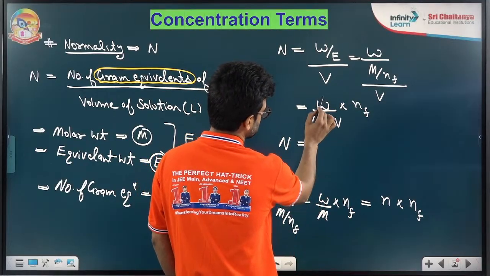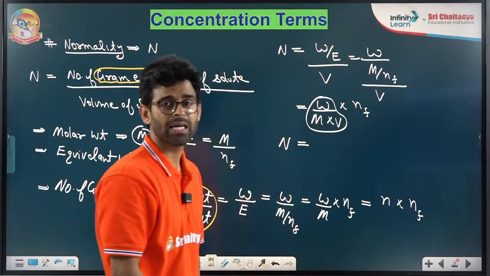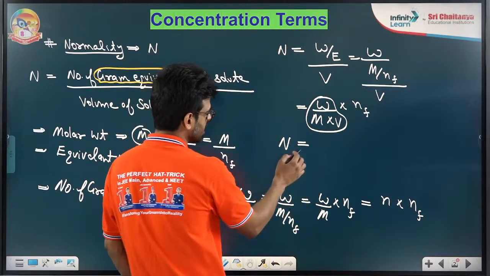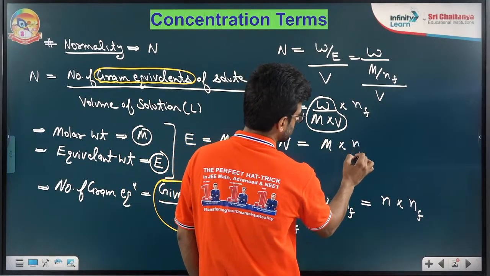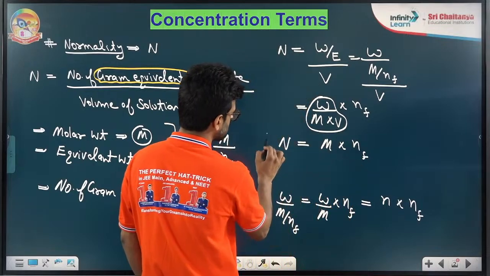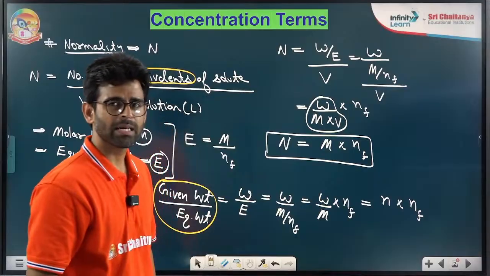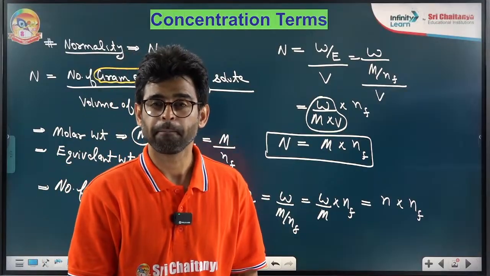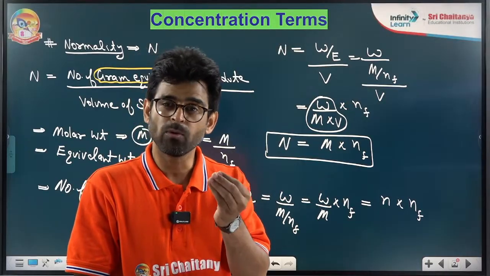Normality. What is this? Number of moles divided by volume of solution is molarity. So I can write one more thing here: normality is molarity into n factor. So these 2-3 terms are very important. It's a relation between normality and molarity. By chance you forgot everything, but you know the molarity formula.